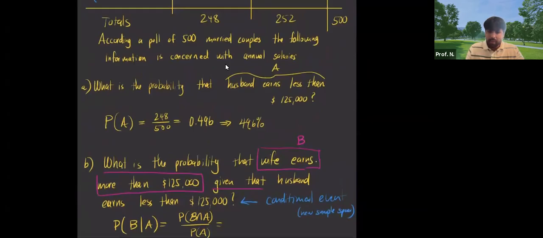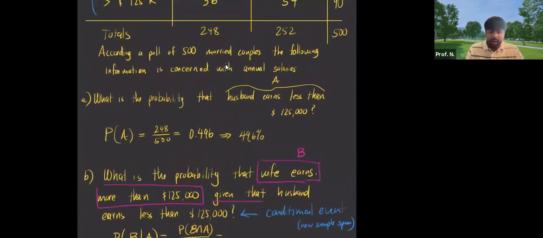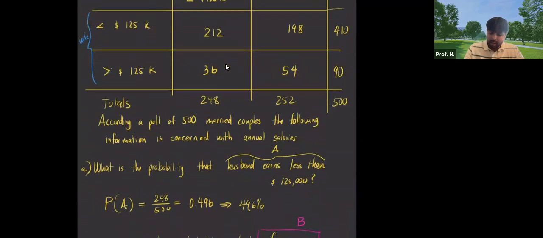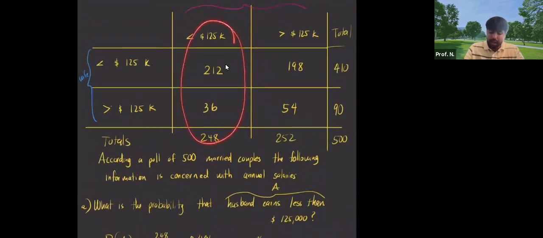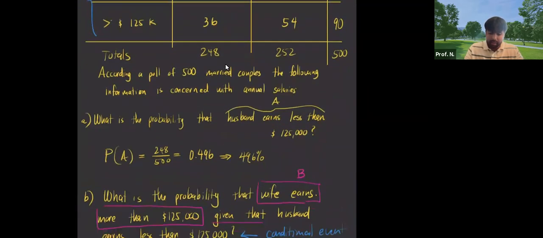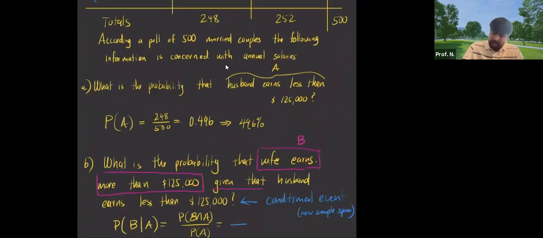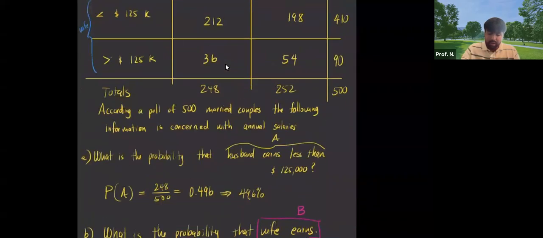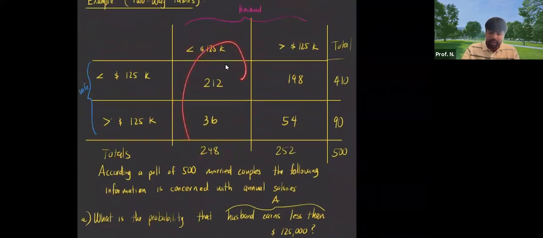How many is that? That's 248. So 248 is my new number on the denominator. You guys see that? This number would appear if I were to do this individually and divide, and then the 500, the total of the original sample space, would cancel out.